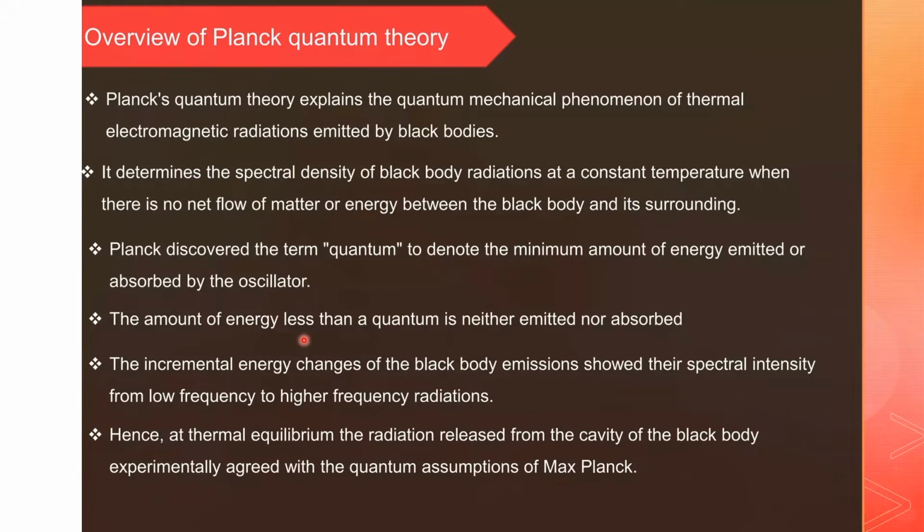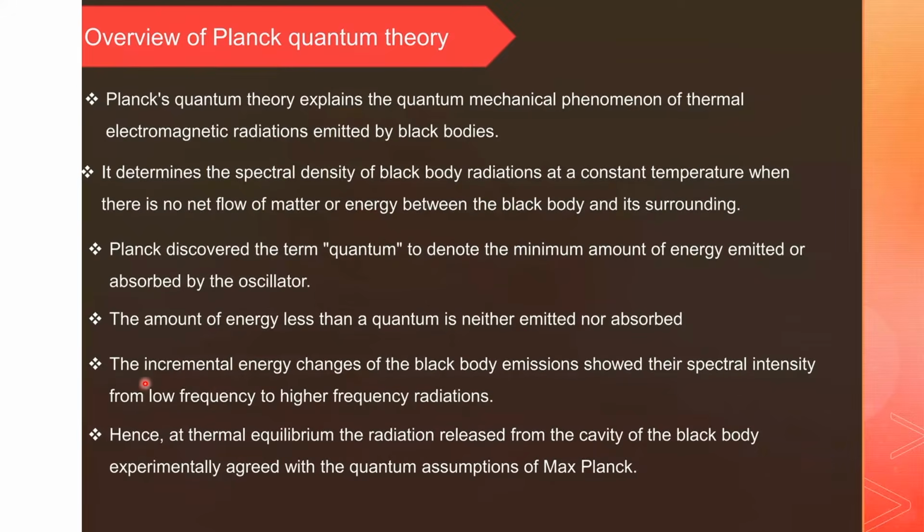The amount of energy less than a quantum is neither emitted nor absorbed. So, if the value of energy is less than one quantum, then there will not be any emission or absorption of light. The incremental energy changes of the black body emissions showed their spectral intensity from low frequency to higher frequency radiations. Hence, at thermal equilibrium, the radiation released from the cavity of the black body experimentally agreed with the quantum assumptions of Max Planck.